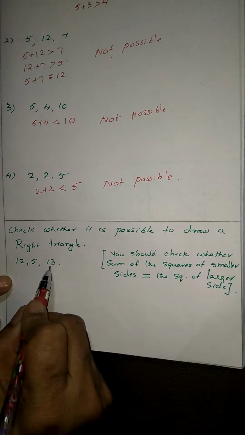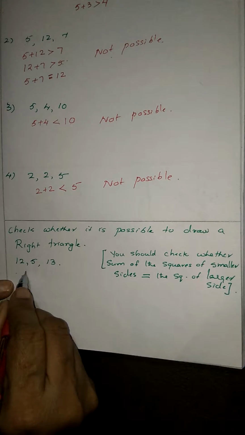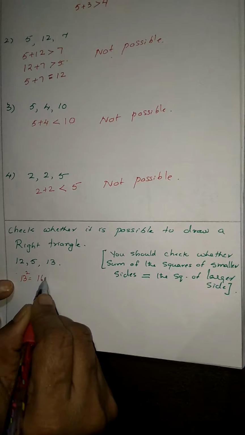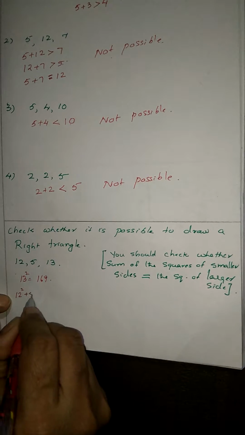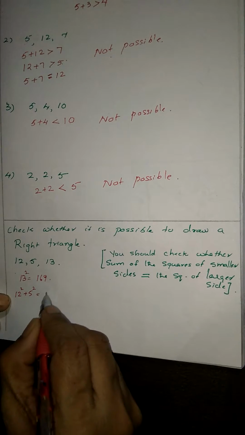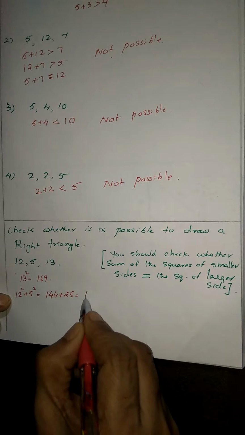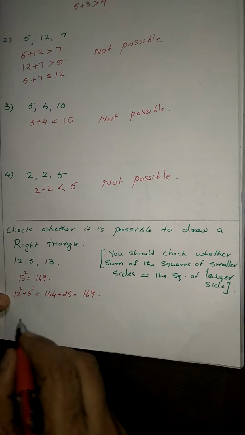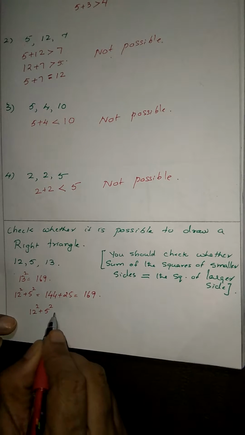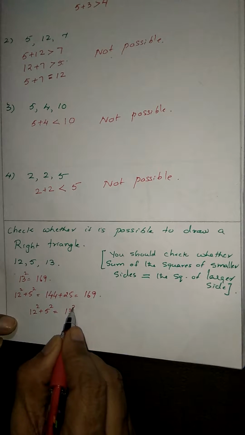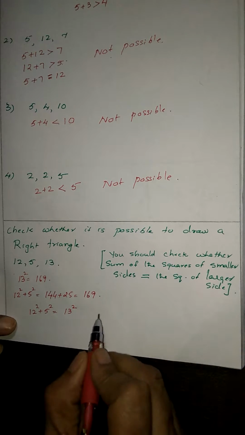So we have to check 13 squared is equal to 169, and 12 squared plus 5 squared, we'll check how much it is. So 144 plus 25 is equal to 169. Therefore we can say 12 squared plus 5 squared is equal to 13 squared. Therefore this is a right triangle.